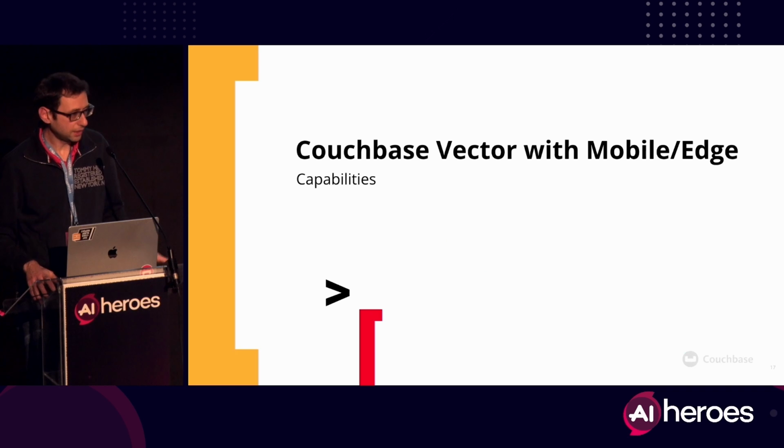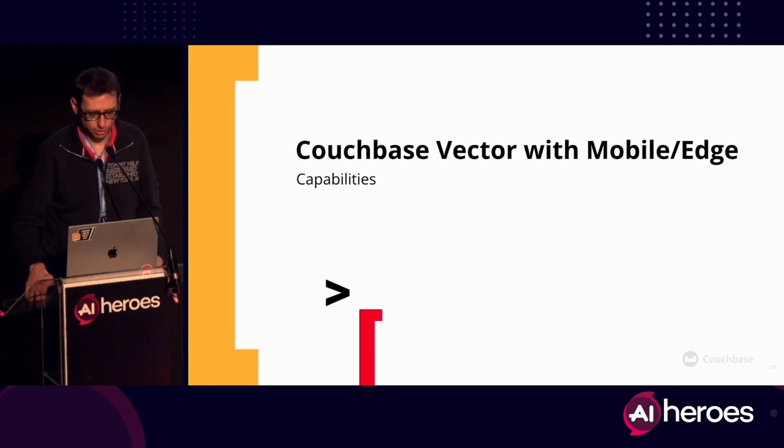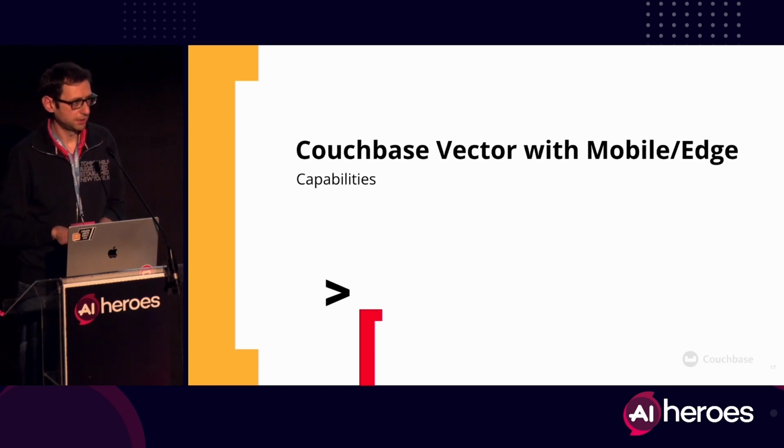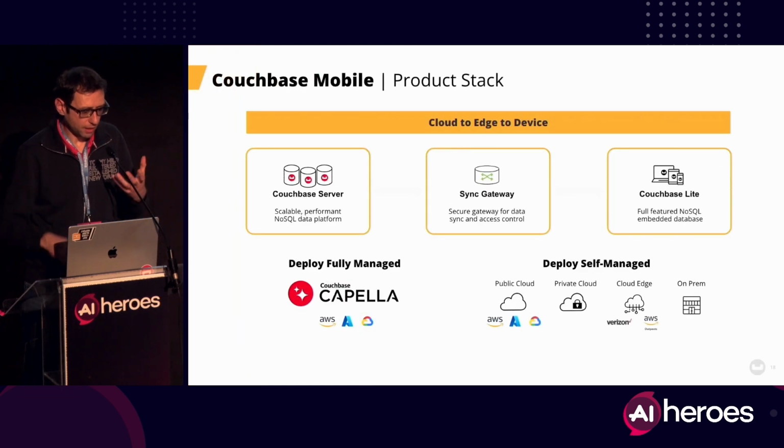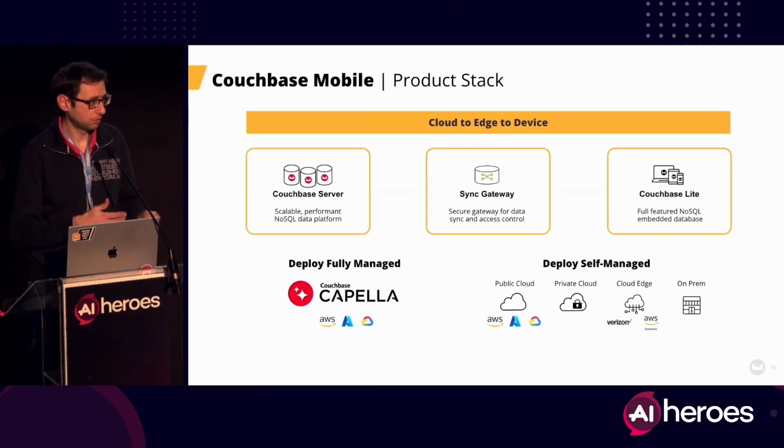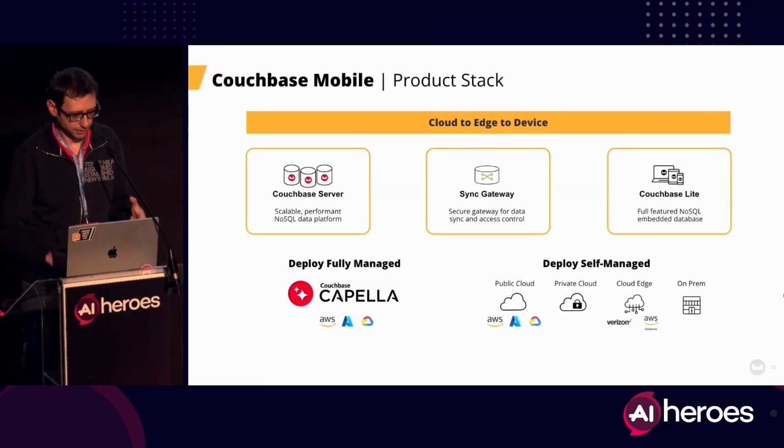Okay, so having said that, let's have a look at the specific capabilities on mobile, which is kind of peculiar for Couchbase because it's basically a NoSQL, JSON-based database that, in the case of the mobile platform, runs directly on a device.